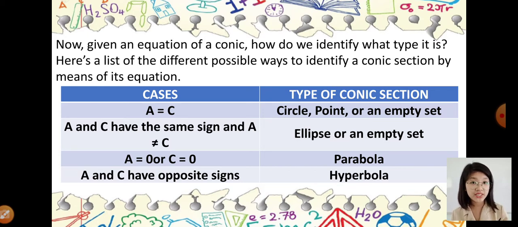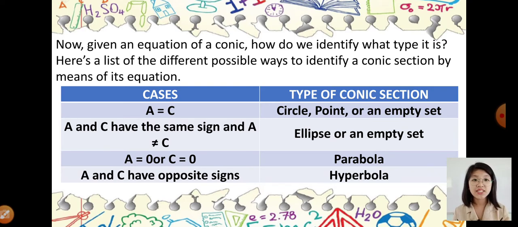Kapag naman yung case, ang A and C have the same sign and A is not equal to C, for example, positive 1 and positive 2, they are the same sign, but 1 is not equal to 2. That is why the type of conic section is ellipse or an empty set.